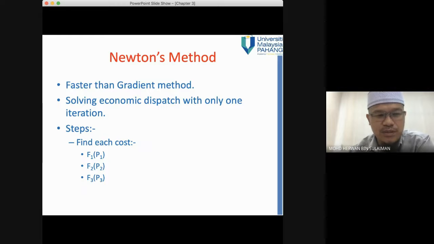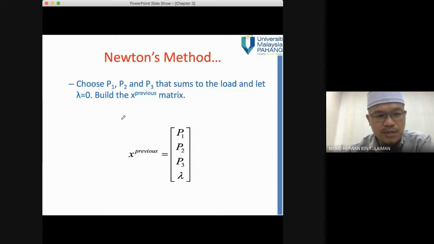Okay, we solve the economic dispatch with one iteration only. Steps: find each cost F1, F2, F3. And then you choose P1, P2, P3 such that the sum equals the load, and let lambda equal 0. Then you need to build the X previous matrix: P1, P2, P3, lambda.